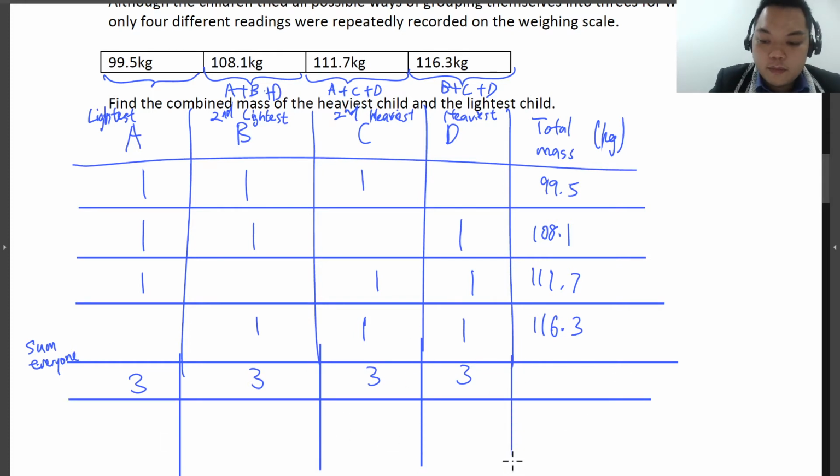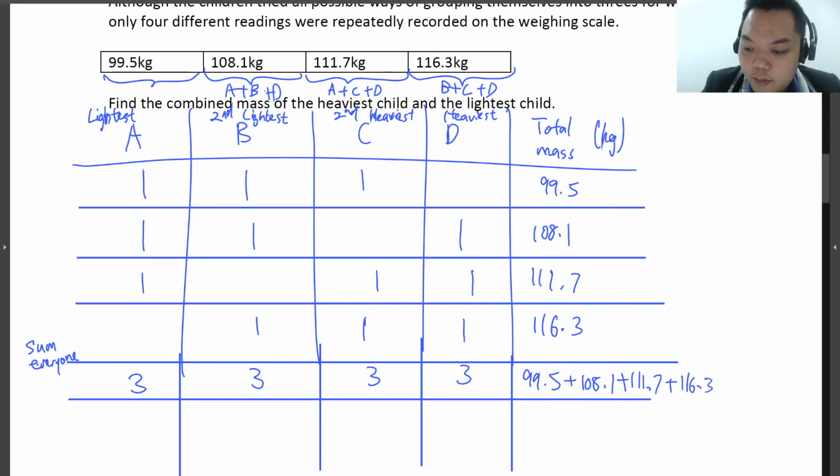And when you sum up everyone, you have 3 copies of everyone, their total masses will also be summed up. So this would give you 435.6 kg over here.